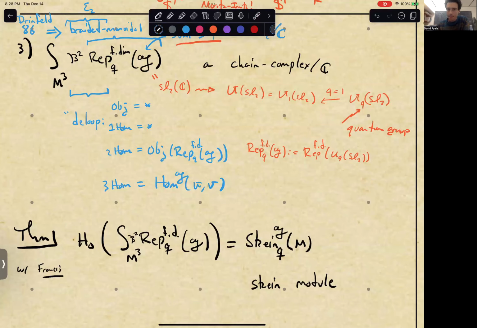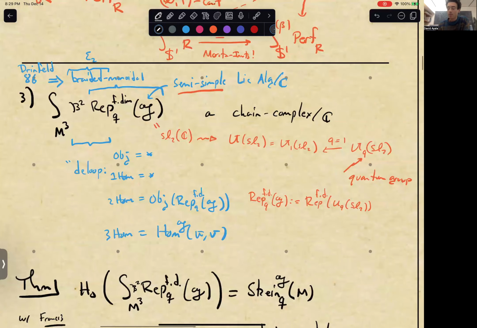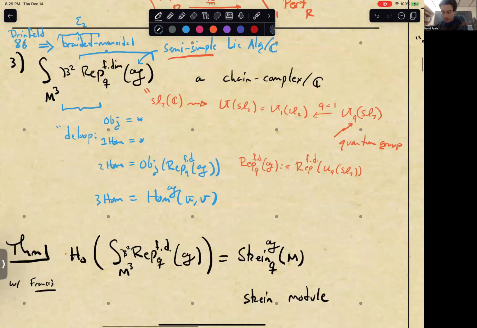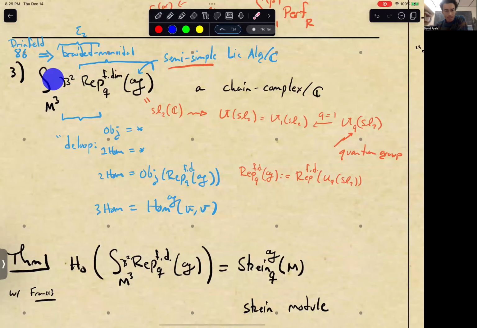If you do not do the delooping, can you integrate the rep G, the Q, finite dimensional Q, directly over some kind of two manifold, or maybe a two manifold times R, to make it three-dimensional? So maybe a first part of your question is that we still see a delooping here. Why doesn't alpha cover this case as well?